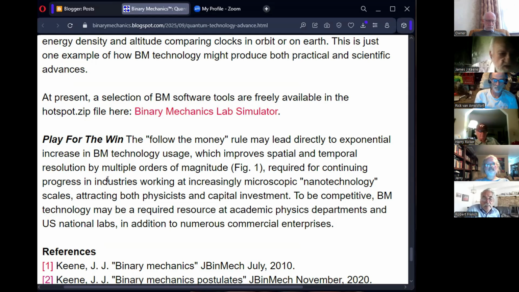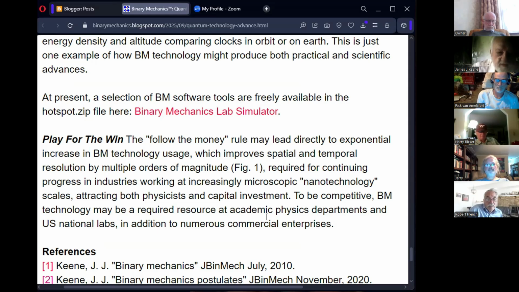Required for continuing progress in industries working at increased microscopic scales, attracting both physicists and capital investment. So here we're talking about a case where both physicists and theoreticians might have some interest, and also the money men. To be competitive, binary mechanics technology may be a required resource at academic physics departments.